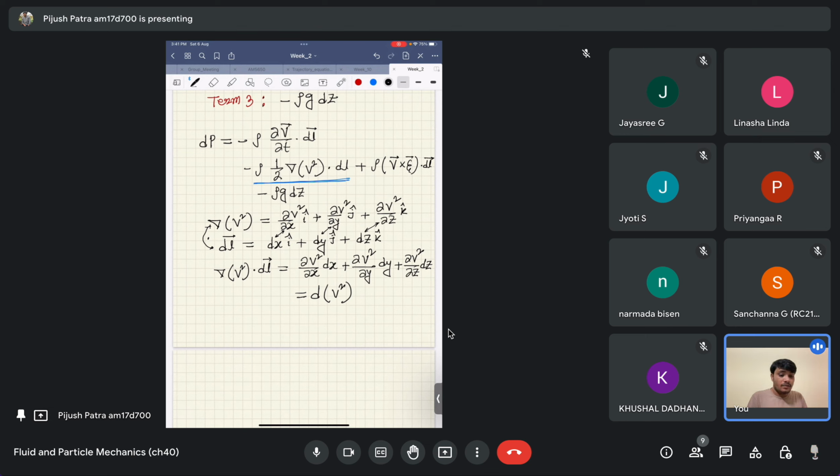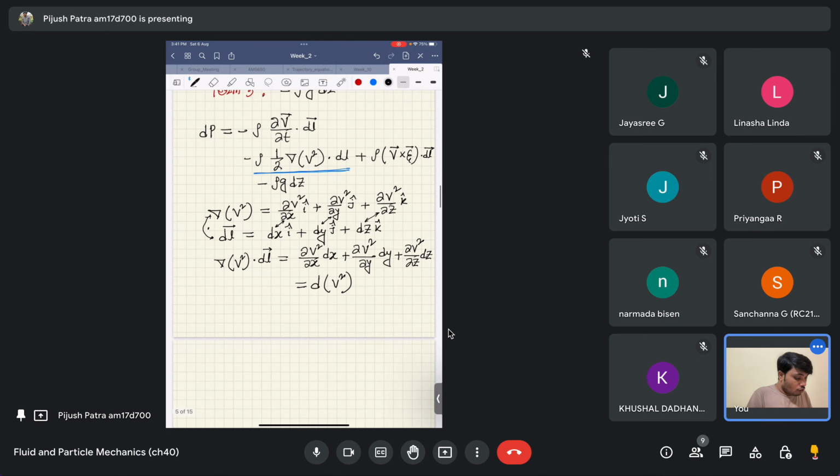So minus rho into half gradient of v square dot dl is simply equal to minus rho half d of v square, but this d is the differential operator.